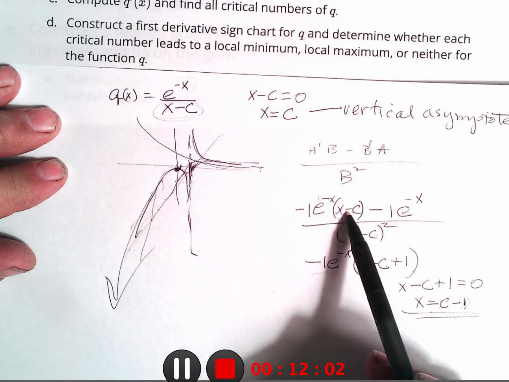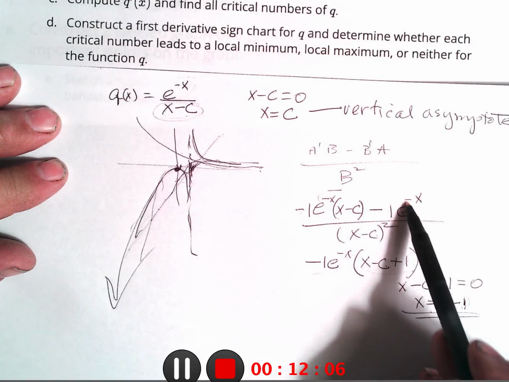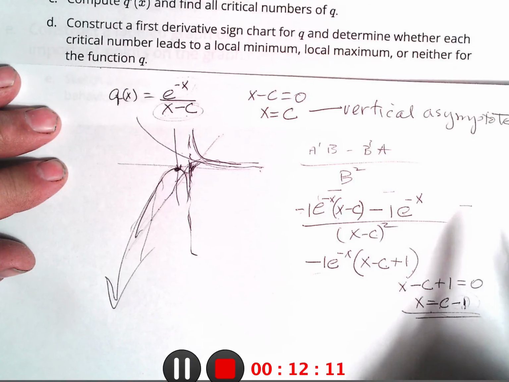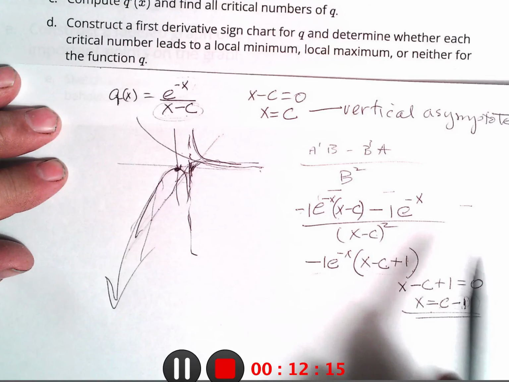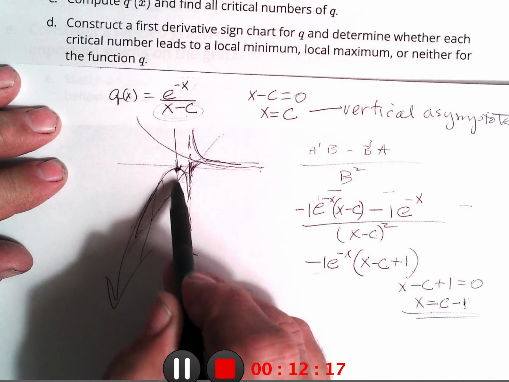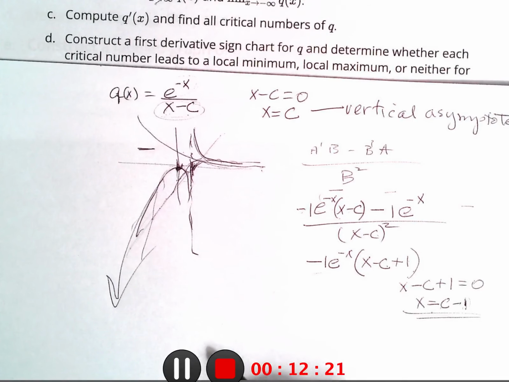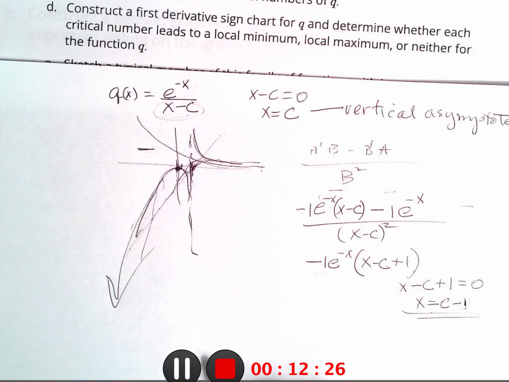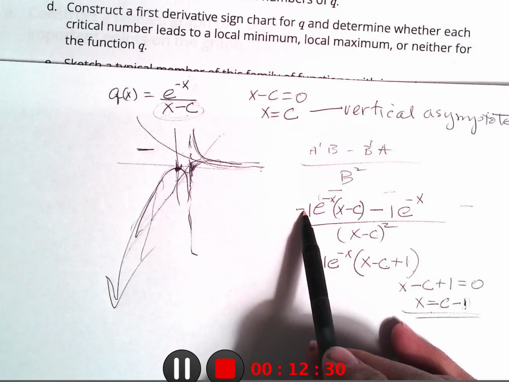This is a negative minus, this is positive, so minus some more. So the numerator is negative, and the denominator is squared, so it's always positive. So we get negative below this place. Oh, this is negative times the negative is positive, excuse me.